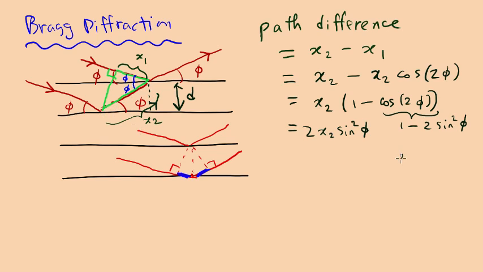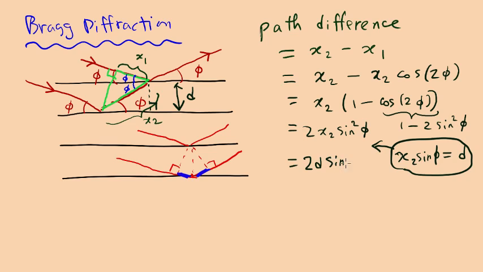So that means x2 sine phi is d. So use that. Then we can get rid of one power of sine phi by re-expressing this as 2d sine phi. So that path length difference is 2d sine phi.